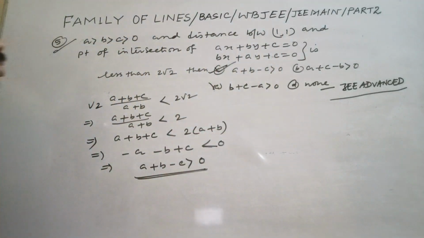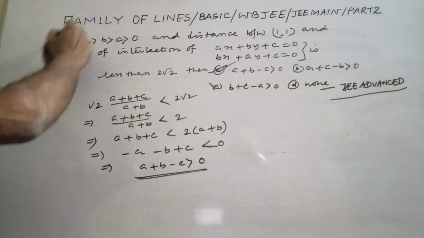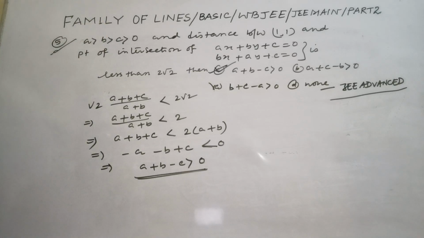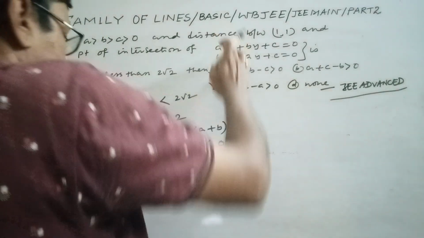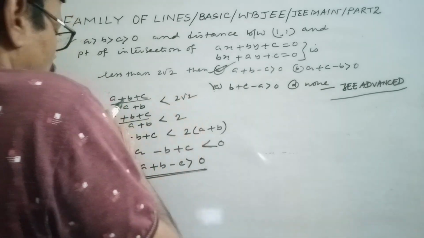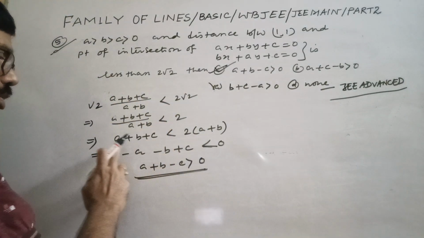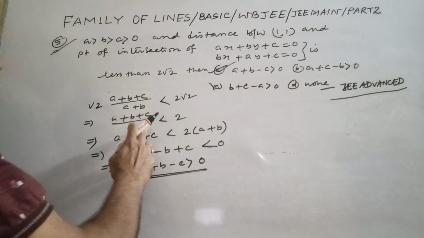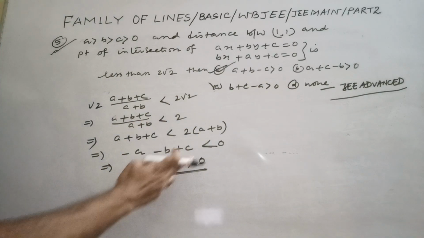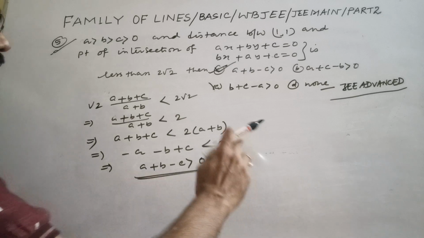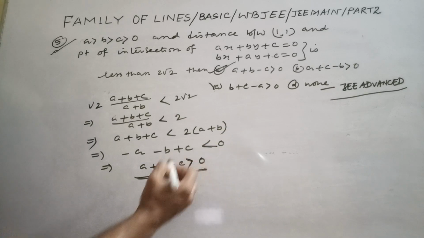So this is also a most important problem. So find the point of intersection, find the distance, root 2 cancels. a, b, c are all positive, so you can multiply it, then transfer all terms, multiply by the negative sign, it will be better.